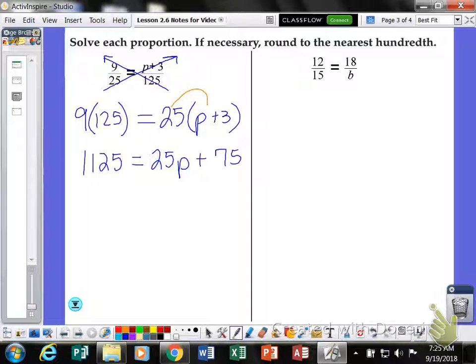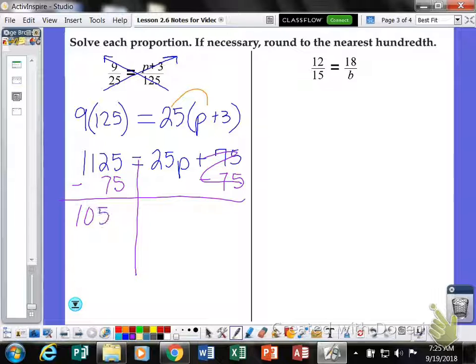And then this goes back to the previous lessons of solving these equations. So draw your line down. We want to get p by itself, but I've got to get rid of the 75 first. So opposite operation, inverse operation. Those cancel out. Don't forget to subtract 75 from this side. So 1,125 minus 75 is going to be 1,050.